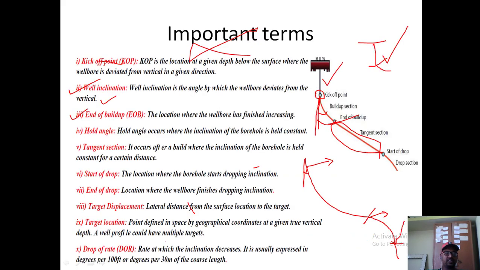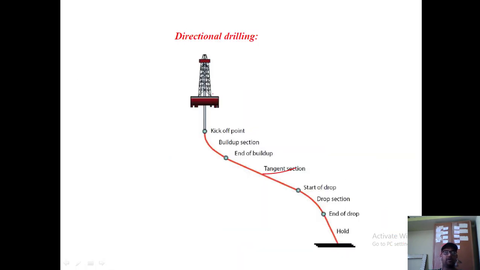The next point is target displacement. Yes, it is very important. It is the lateral distance from the surface location to the target. This is my surface location from where I am drilling, and this is my pay zone where I have to reach.